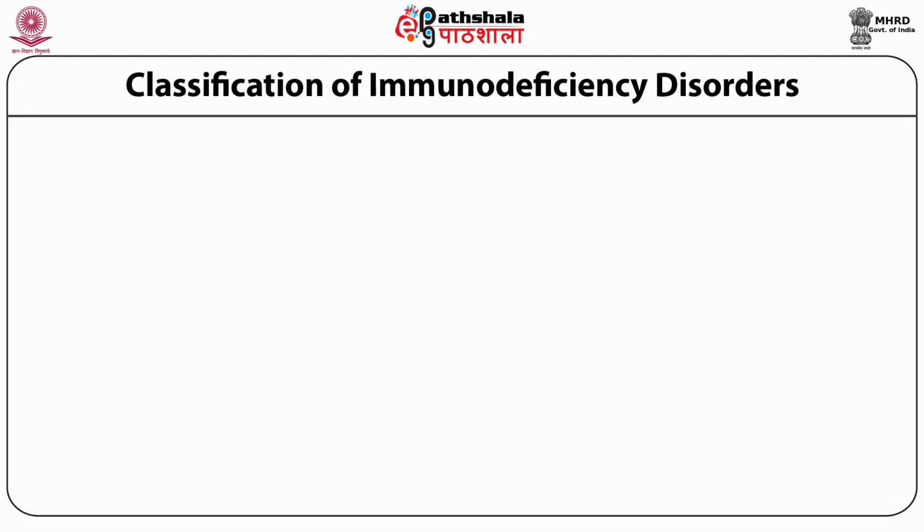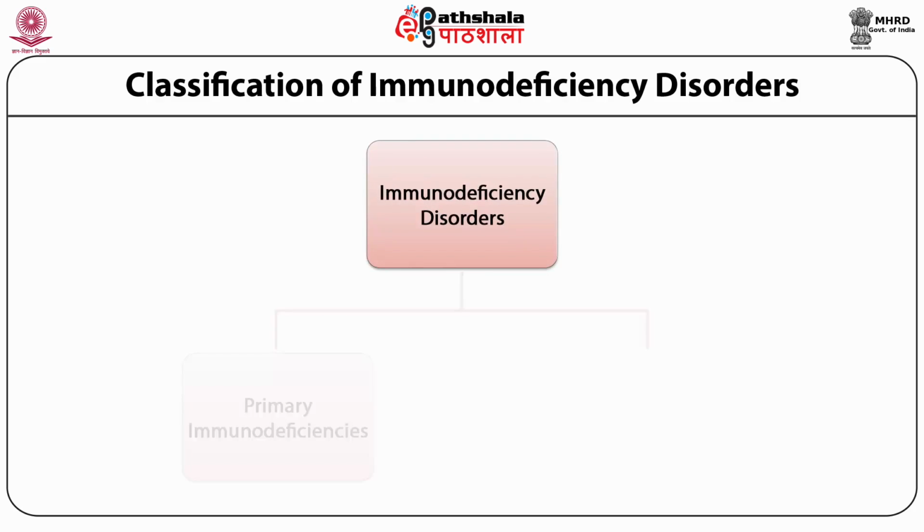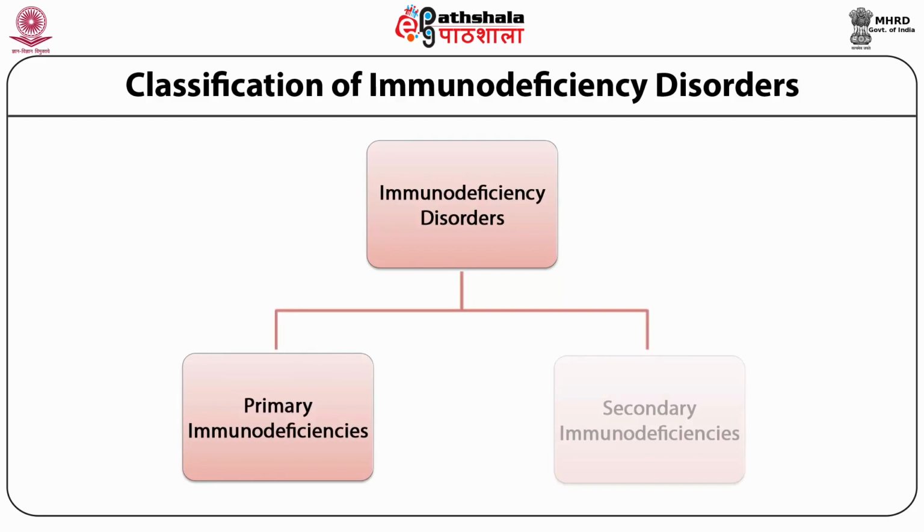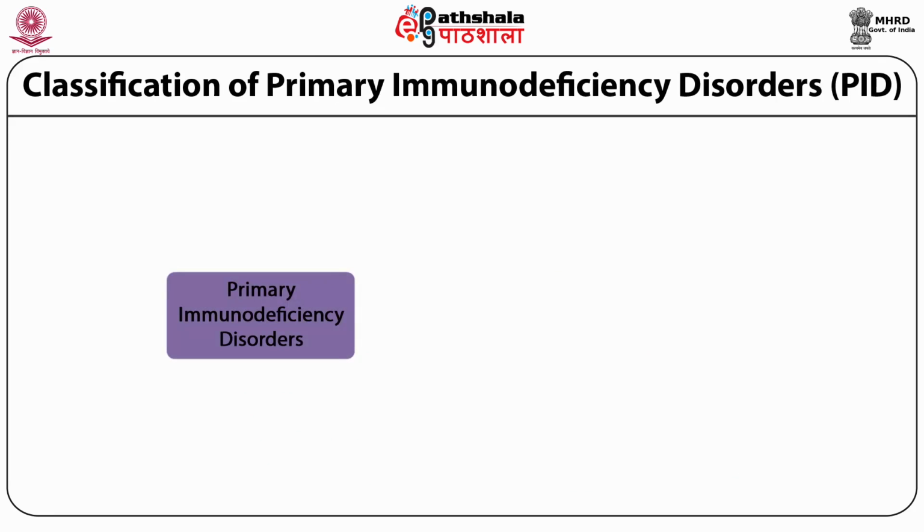The classification of immunodeficiency disorders can be as follows. The immunodeficiency disorders can be divided into primary immunodeficiencies and secondary immunodeficiencies. The primary immunodeficiencies involve abnormal immune system that can involve anomaly in innate or adaptive immune system.